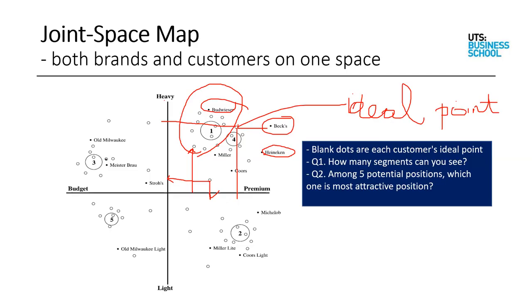And let's say here is this particular segment. If you identify a big group of customers whose needs are unfulfilled, then you can probably try and develop a product to position in that particular segment if it is attractive. So that's how plotting the brands and the customers' ideal points on the same map can be very useful.